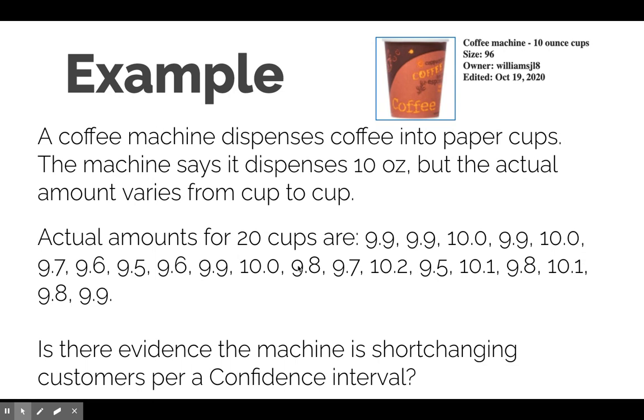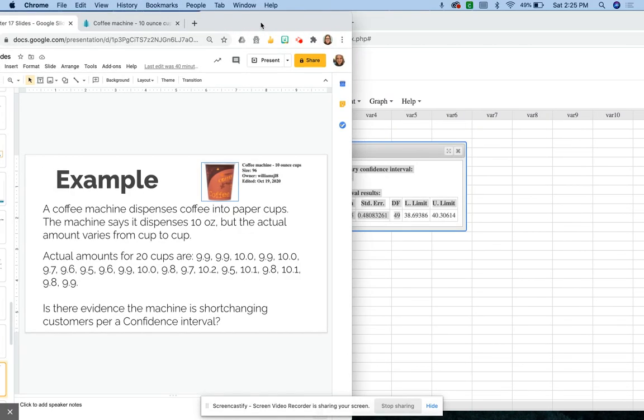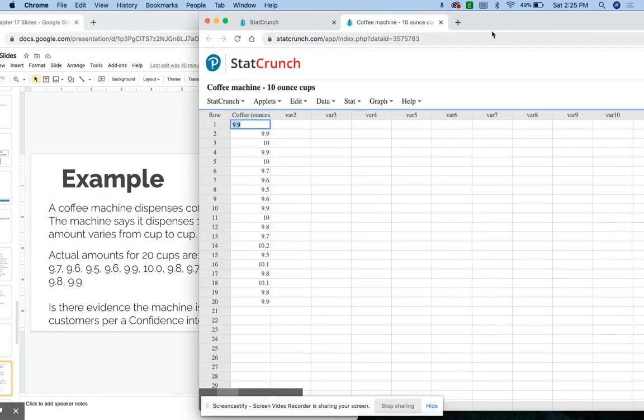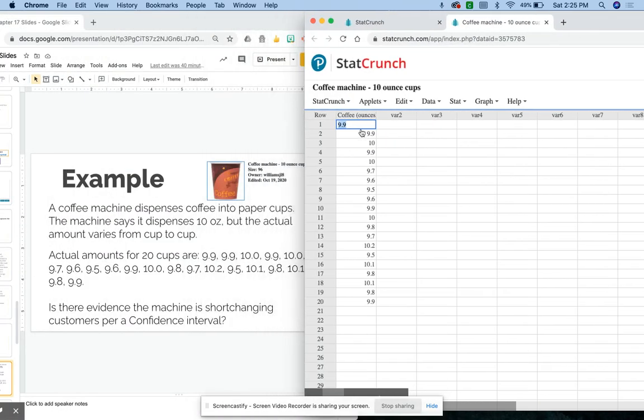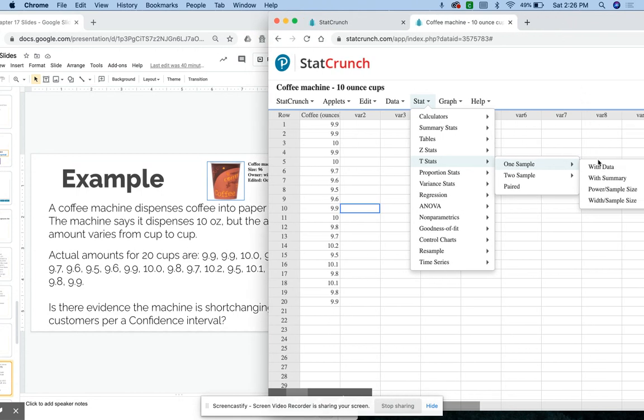Okay, so if it gives you a list of data rather than a summary, you will typically have to enter the data. I went ahead and entered it for us, but you would have to enter the raw data. And then the only thing that changes for calculating a confidence interval, when you go to Stat, T-stats, one sample, is you're going to want to pick with data.